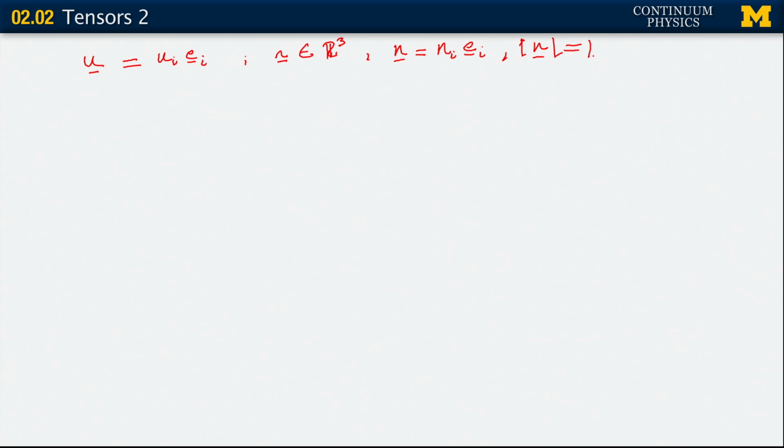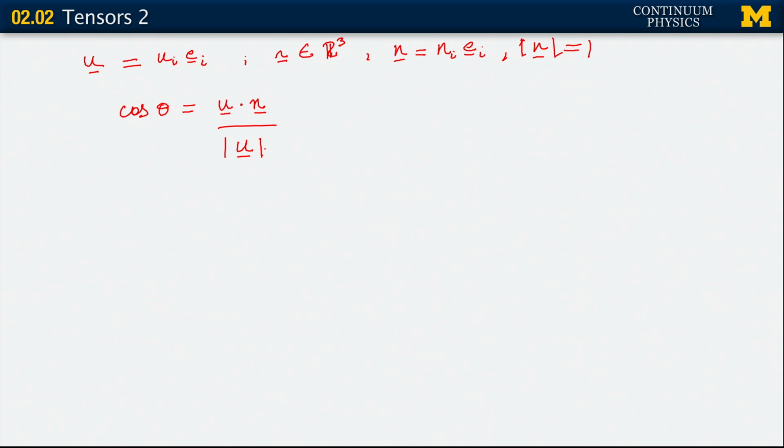Now, once we have this, let's suppose we say that cosine of theta is u dot n divided by the magnitude of u.